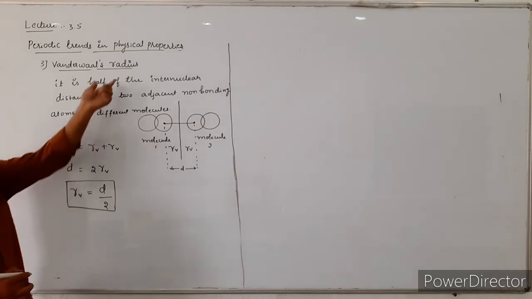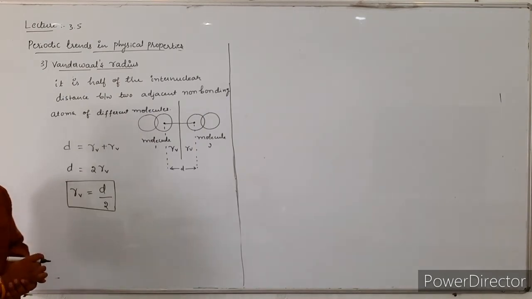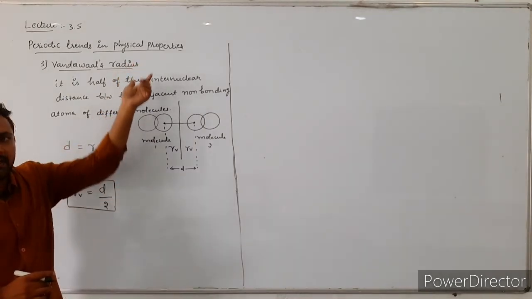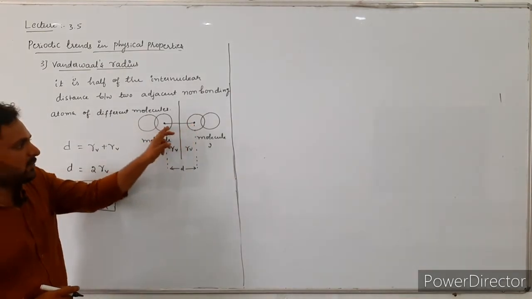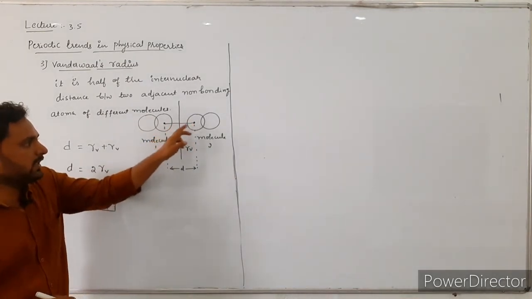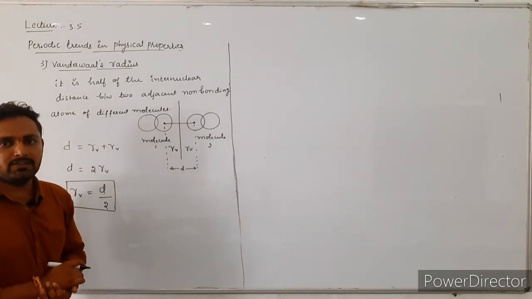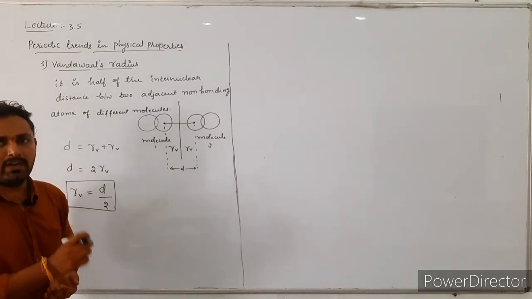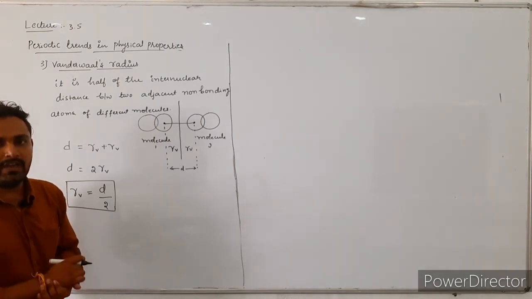And van der Waals radius is more as compared to covalent radius and metallic radius. Why? Because van der Waals radius is calculated for non-bonding atoms. Here in non-bonding atoms, the internuclear distance is more as compared to internuclear distance between two covalent bonded atoms or two metallic bonded atoms.